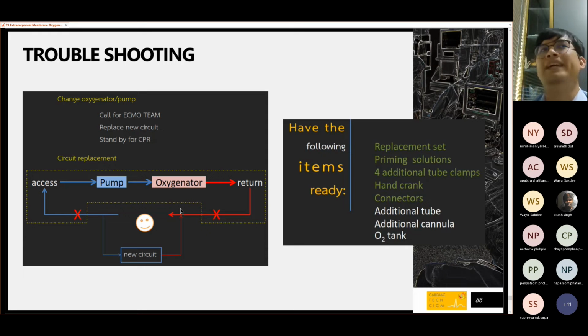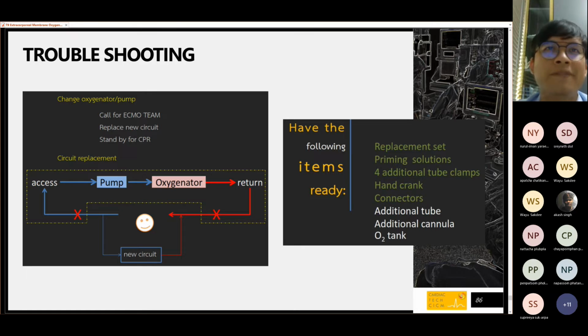Easy, seems like easy, but you need to call your team to support, replace the new circuit, and stand by for the CPR, because we need to do it as quickly as we can.